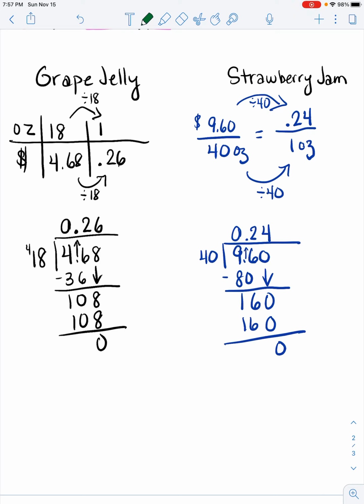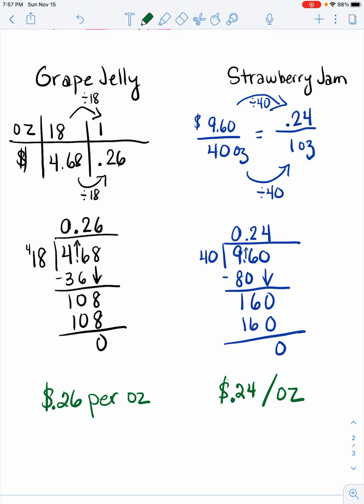So let's take a look at what we have. We have the grape jelly is 26 cents per ounce, and the strawberry jam is 24 cents per ounce. And so you can see that only by comparing per ounce or comparing the unit price do we know that the strawberry jam is actually a better buy.